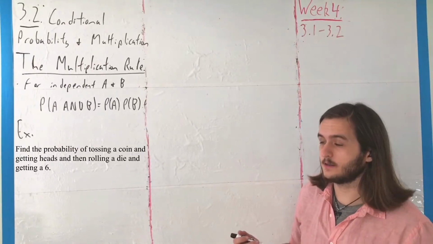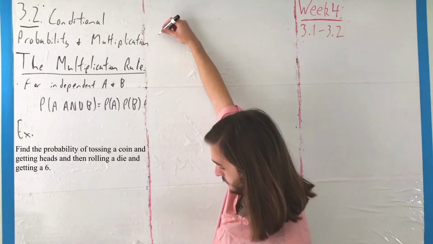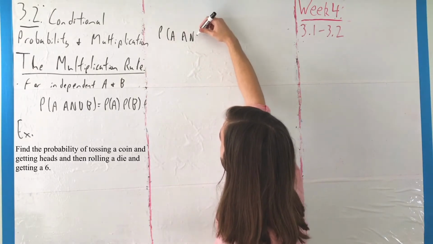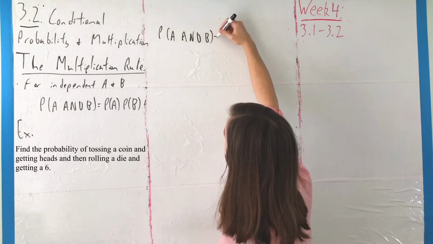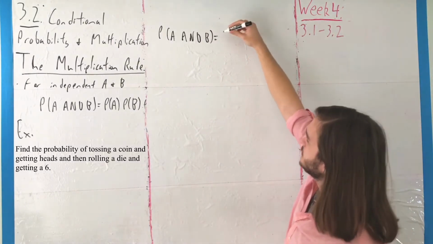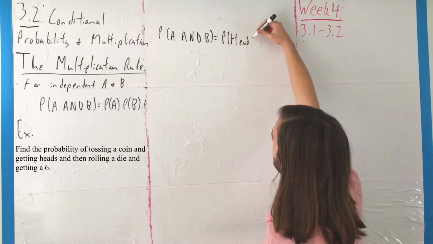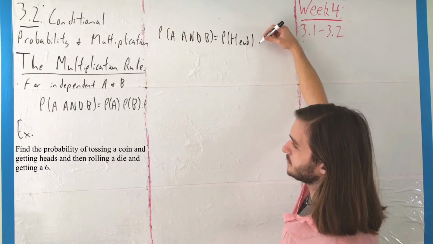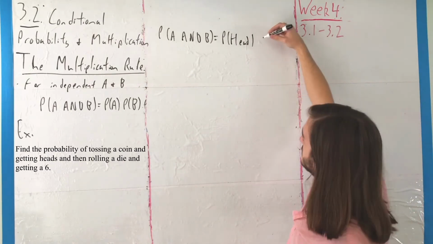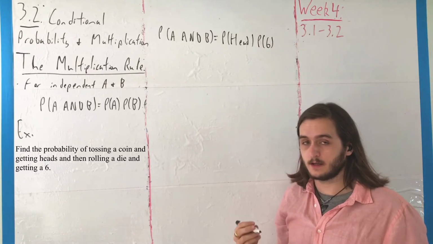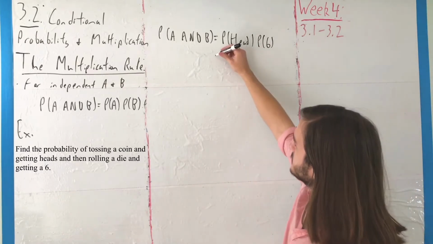And then rolling a die and getting a 6. Well, since we saw in that last example that for these events A and B, they were independent, if we want to find the probability of getting a head and getting a 6, it's just the probability of getting a head times the probability of getting a 6.